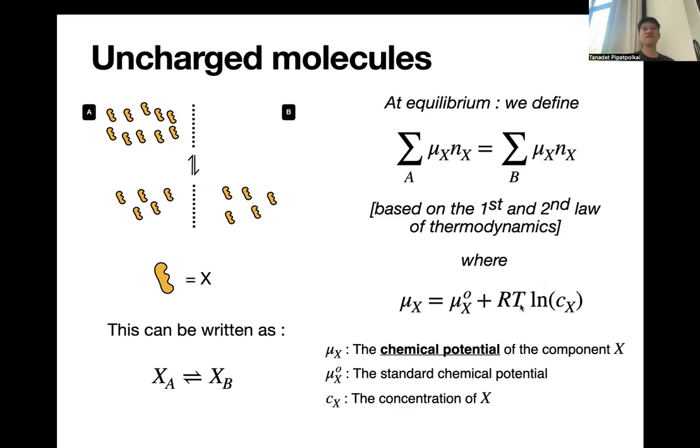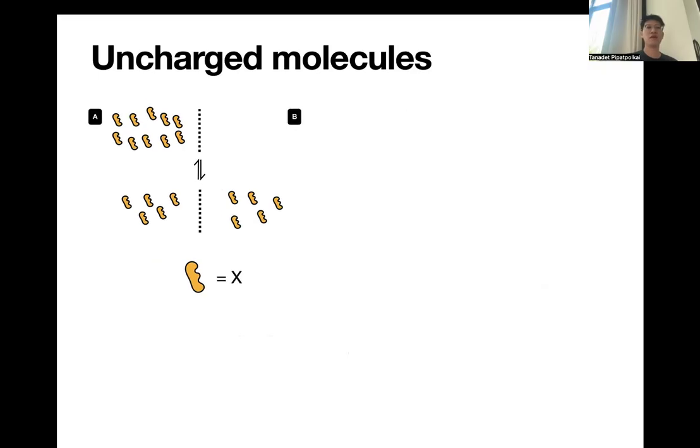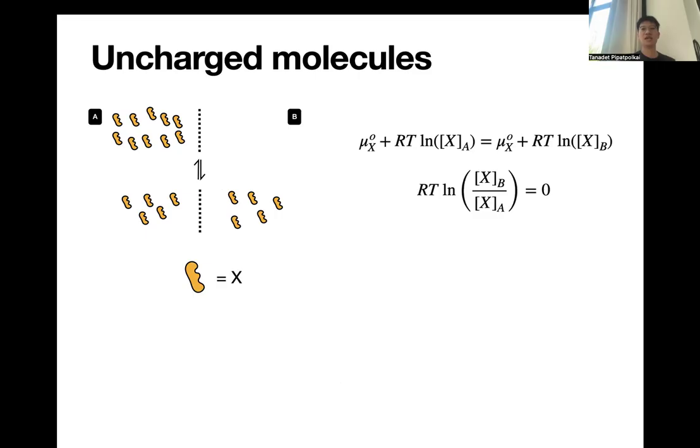Now, if I leave this system at equilibrium, I can have mu naught plus RT ln X on one side and mu naught plus RT ln X in the other compartment on the other side, starting from the same equation. And you can see here that these two mu naught cancel each other out, leaving me with RT ln XB over XA, because I take this to the other side and the subtraction of a logarithm is a fraction.